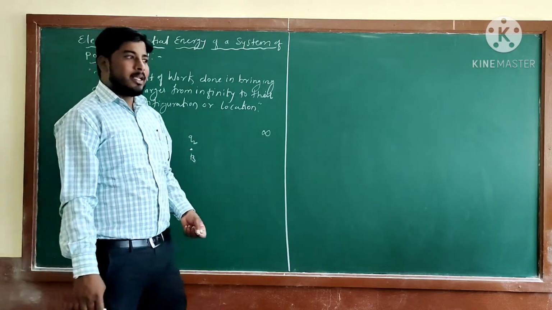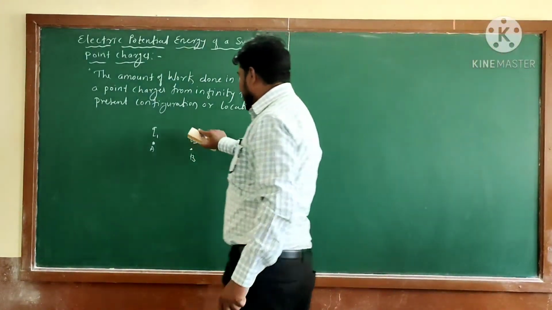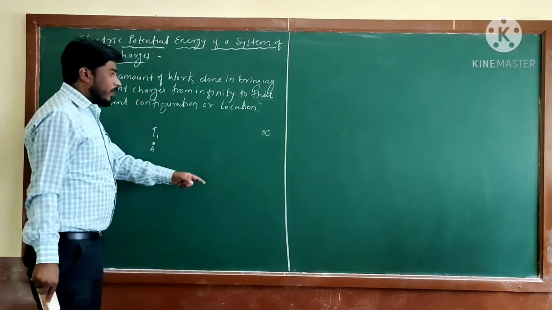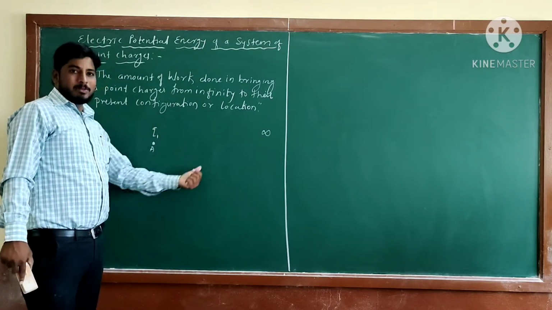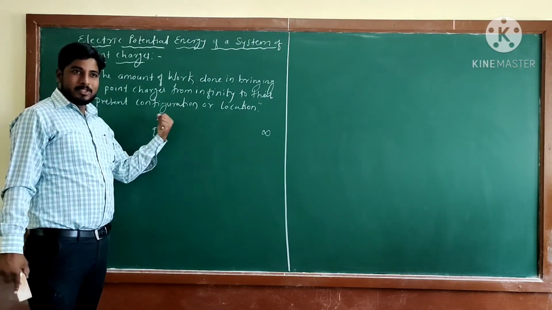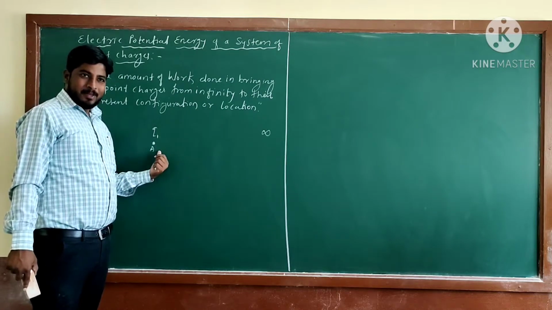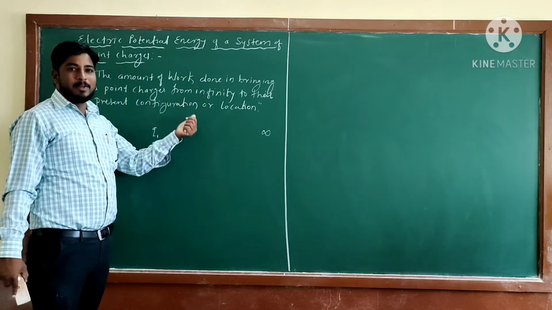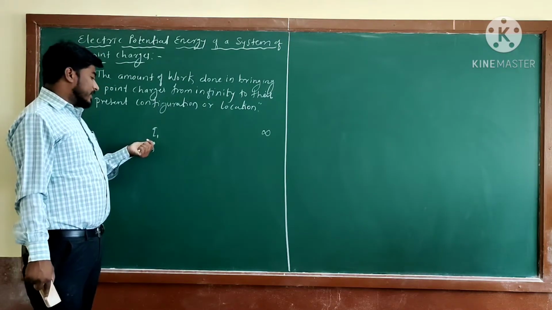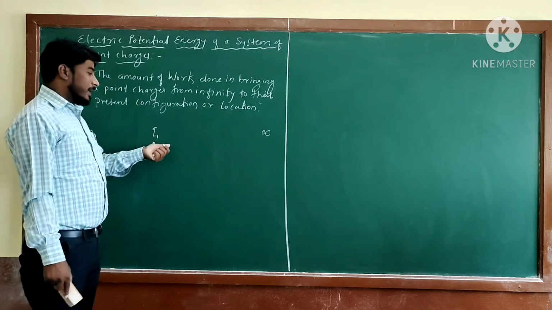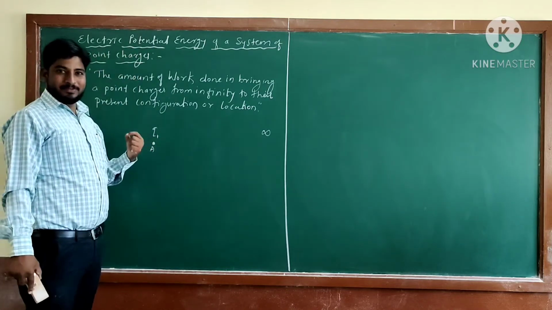Initially, when I move the charge Q1 from infinity, there is no other charge present, so the work done is 0 here, because initially there was no electric field present. Now when I place this charge Q1 at this point, it has an electric field as well as electric potential.